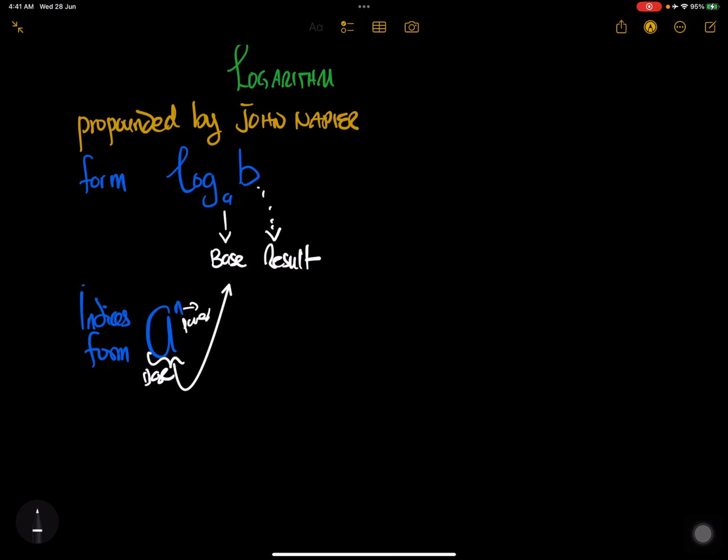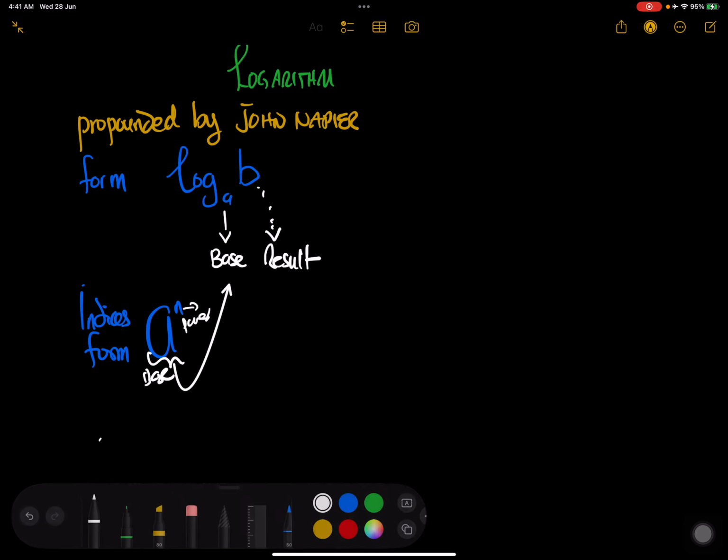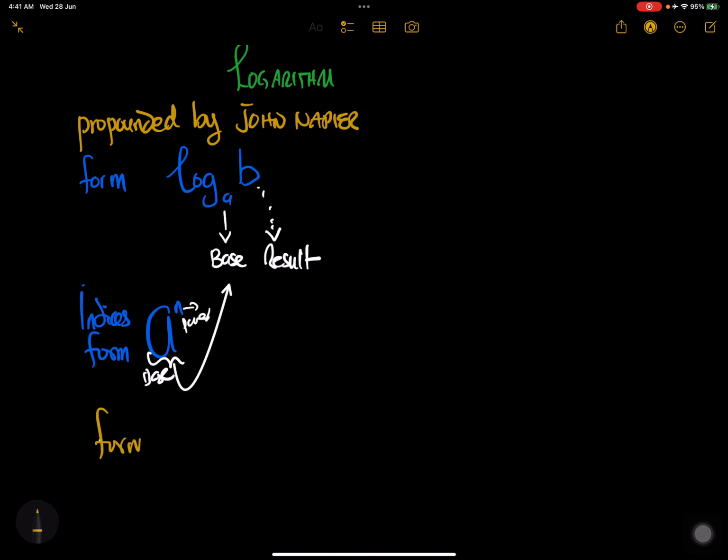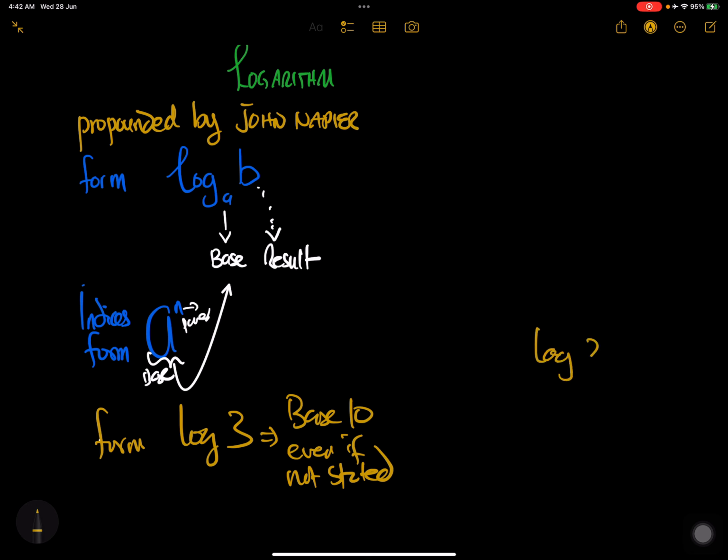So we are going to look at a few. Another thing, if you also have a logarithm of the form, maybe log 3, what it means is that we are working in base 10, even if not stated. So if we write log 20, it means we are working in log base 10.